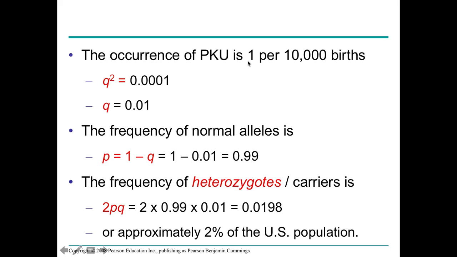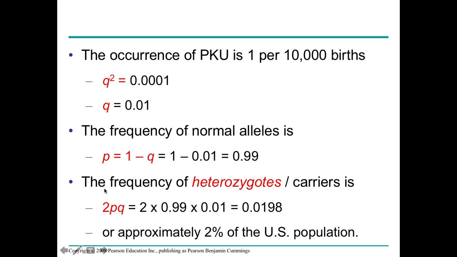We got that number from 1 divided by 10,000, which is 0.0001. The frequency of the normal allele, therefore, would be 0.99, because remember we have p + q = 1. So if q is 0.01, then 1 minus 0.01 is 0.99.